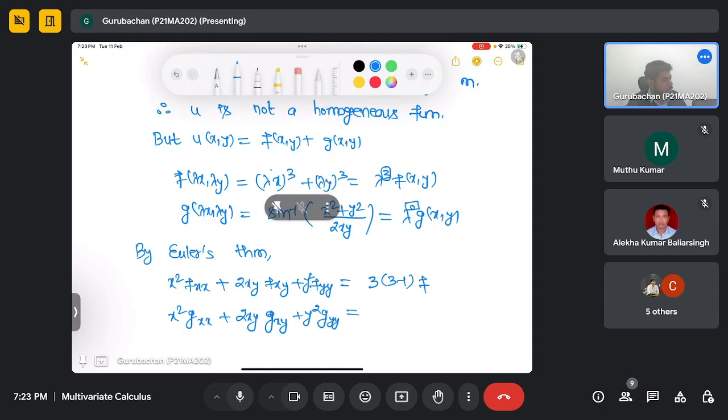This will give us 0 into 0 minus 1, g. So this will give us 6f. This will give us minus g.